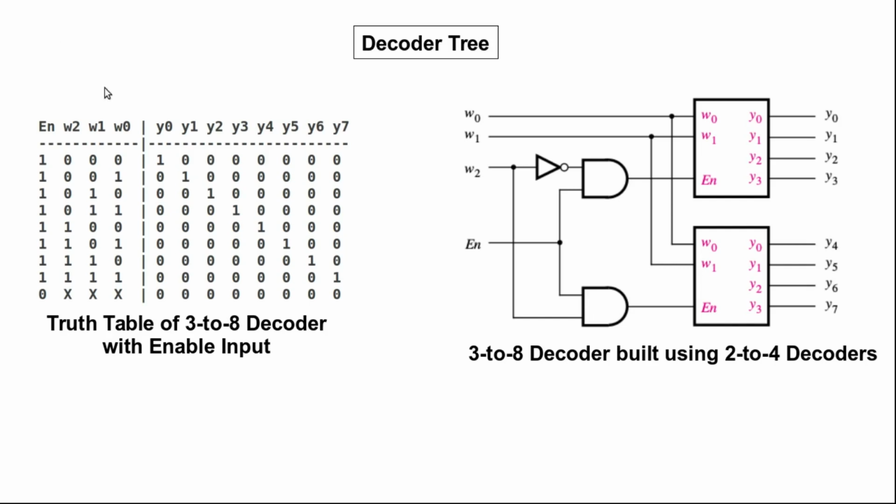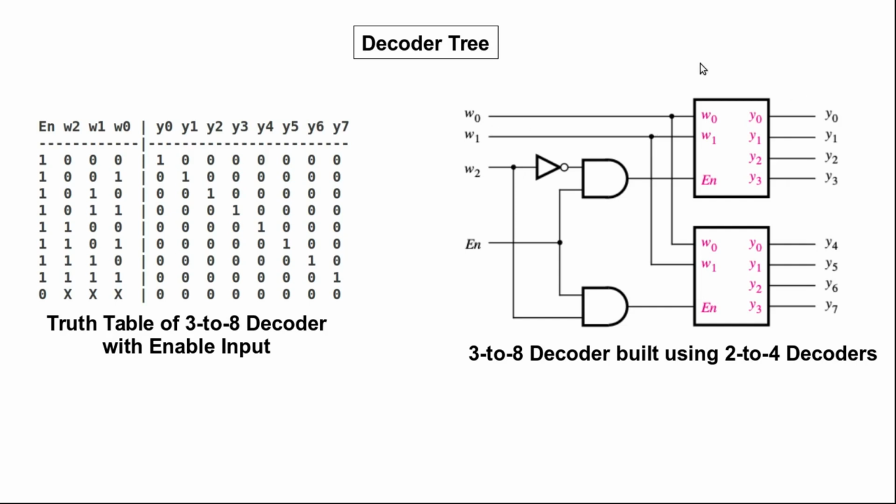Now we can build the 3 to 8 decoder using 2 to 4 decoders. So we are trying to build the 3 to 8 decoder, and we are making use of 2 to 4 decoders. So this is one 2 to 4 decoder, and this is the second 2 to 4 decoder.